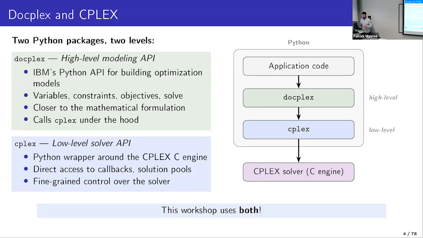In this workshop, we write some code, the application code here in the diagram, and we call DOcplex most of the time, or maybe CPLEX directly, and those two interfaces will call the corresponding API functions from the CPLEX solver, without you really having to know about it.